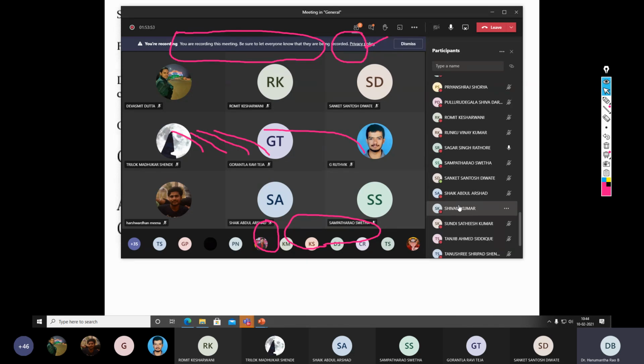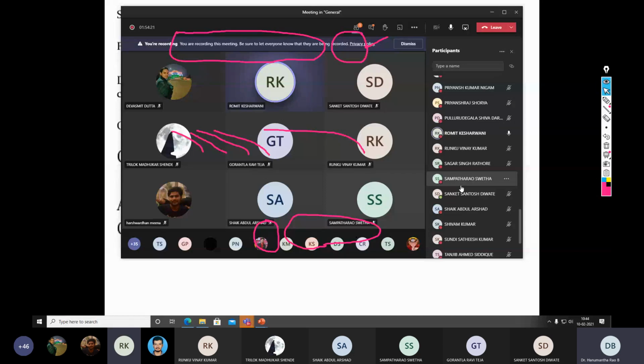Vinay Kumar? Did you calculate? Yes, sir, I got q allowable equal to 742.85. Very good. Any questions on bearing capacity? No, sir. It's all good. Romit Kesharwani? Sir, I got the bearing capacity as 743.